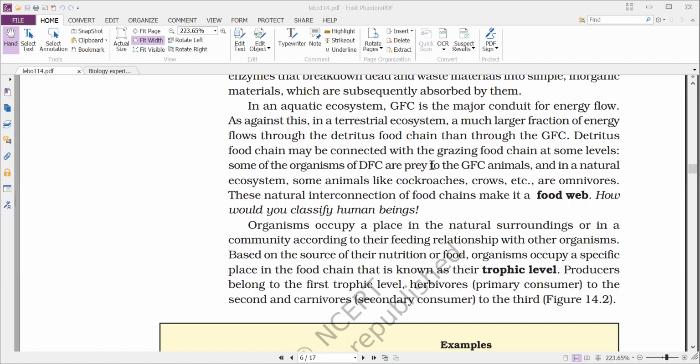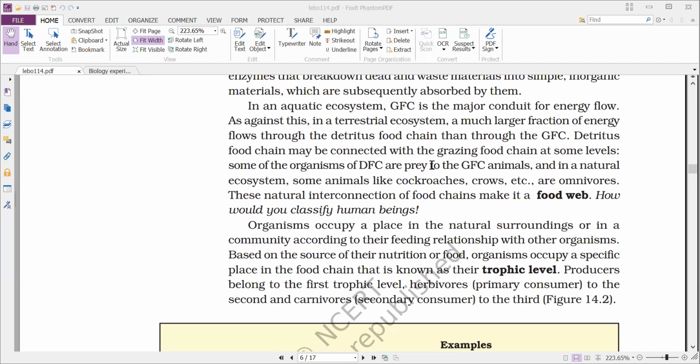But here in this paragraph, what they are explaining is the difference in the energy flow in the grazing food chain of the aquatic ecosystem and that of the terrestrial ecosystem. They are comparing the energy flow.